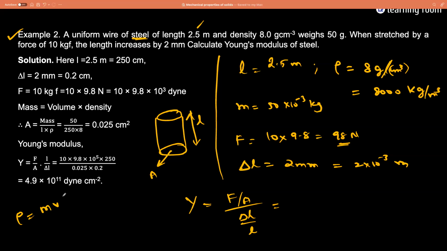Density is mass by volume, so mass divided by volume, which I can write as A into L. This is rho. So A is equal to M divided by rho into L. Which area is that? It is the cross-sectional area, not the surface area.